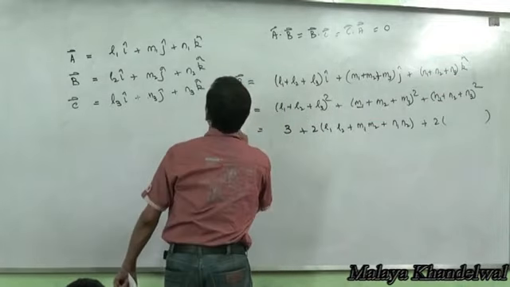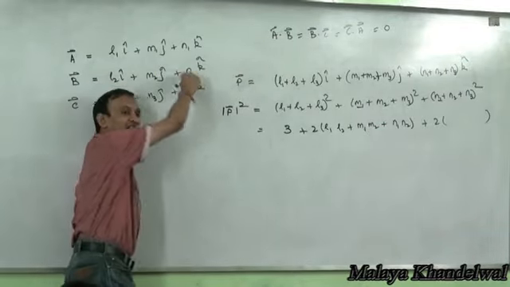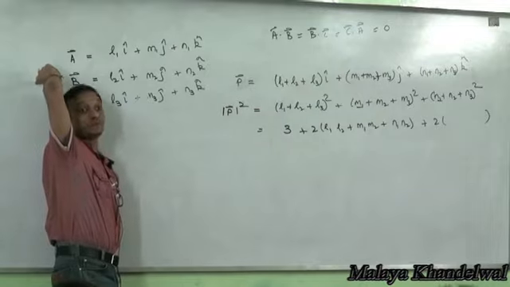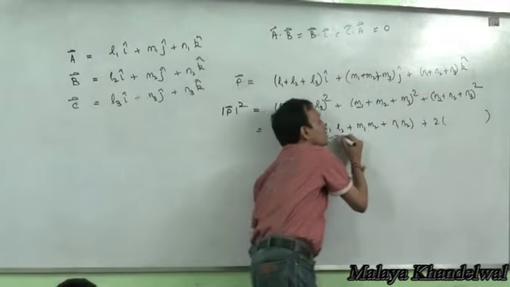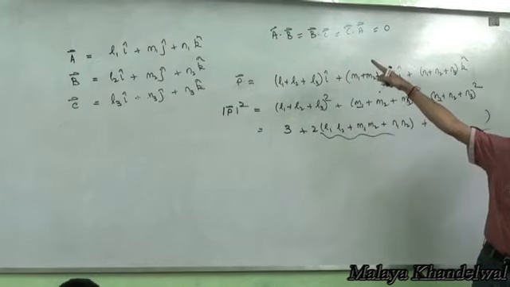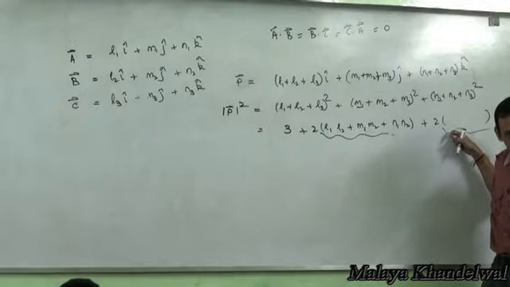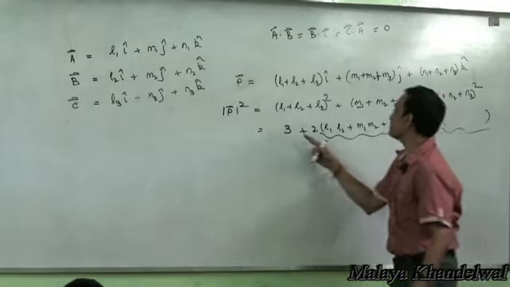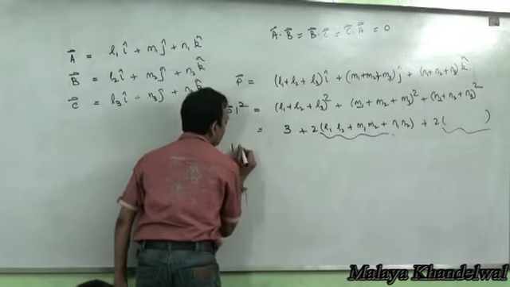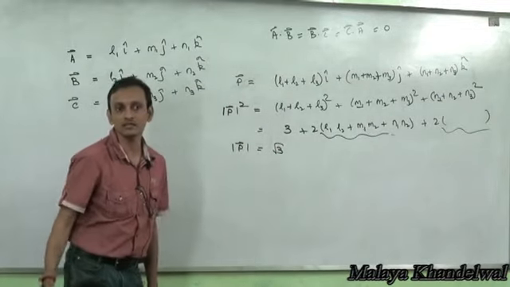Why? L1 L2 plus M1 M2 plus N1 N2 is 0 because A and B are perpendicular. So these terms go into oblivion because of orthogonality amongst A, B and C. These terms will all vanish. Then we are simply left with 3. So the magnitude of P is root 3.